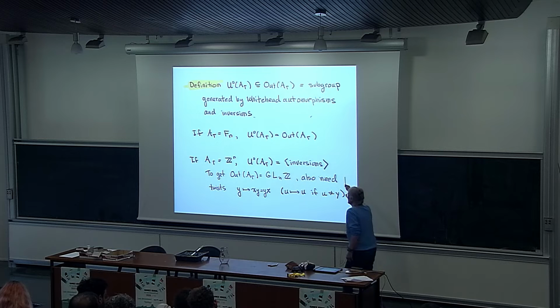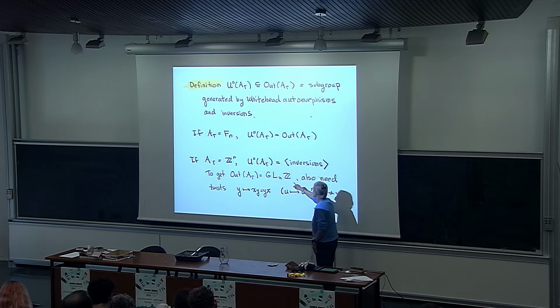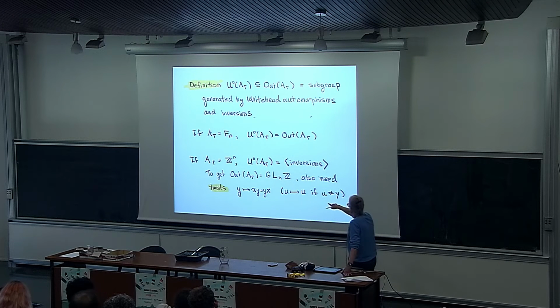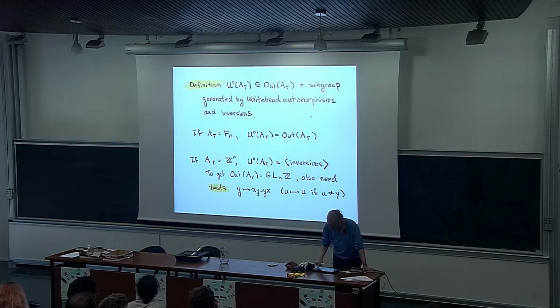And if I actually want to get the entire GL(n,Z), I also need to add something called twists, where I multiply a generator by another generator it commutes with, if I can, and don't do anything to the other generators. So that's another type of automorphism.